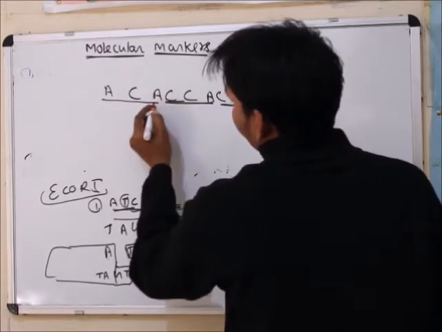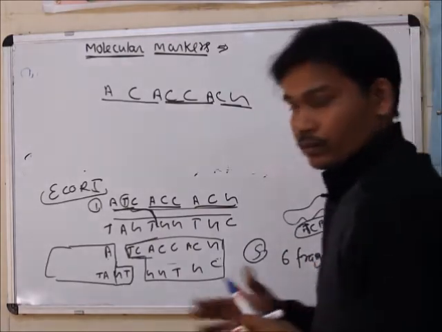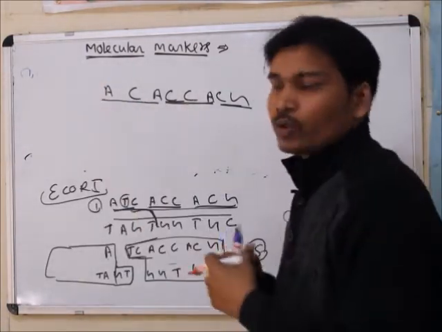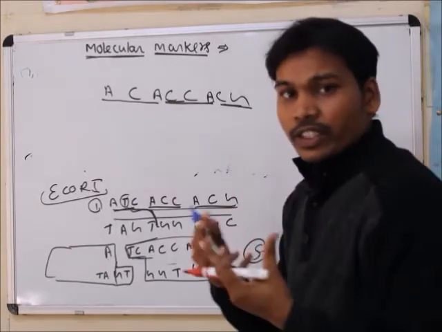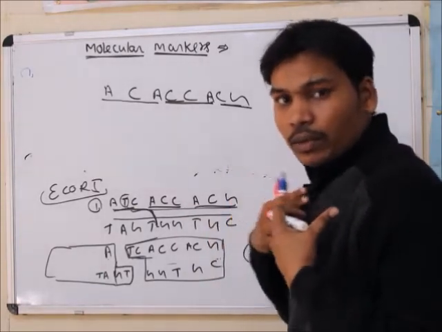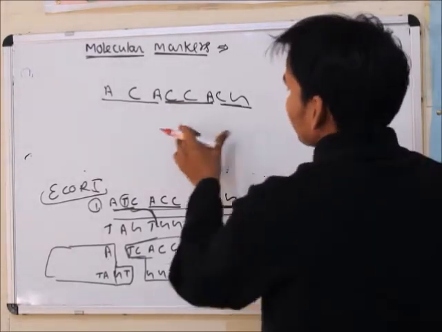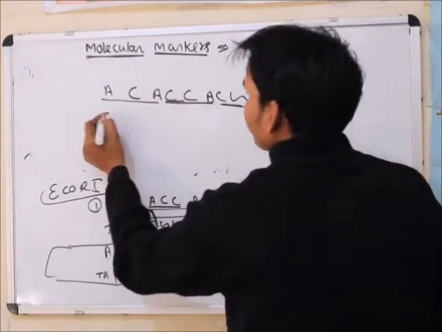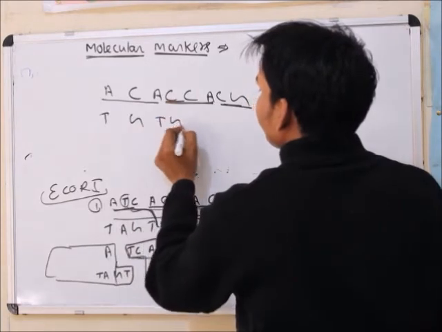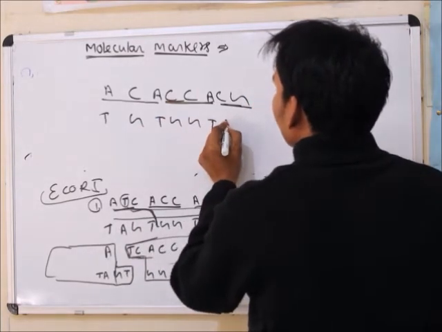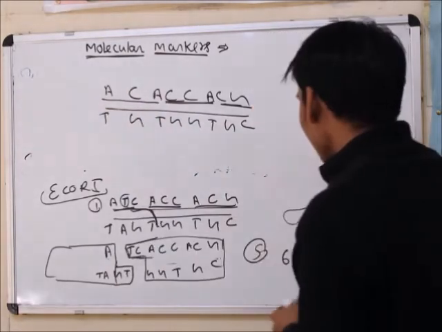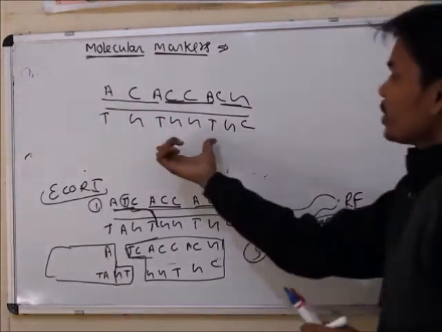The sequence changes in another individual, different from me. So what would be the result? T, G, T, G, G, T and G, C. That's the sequence of that individual. So the sequence has changed.